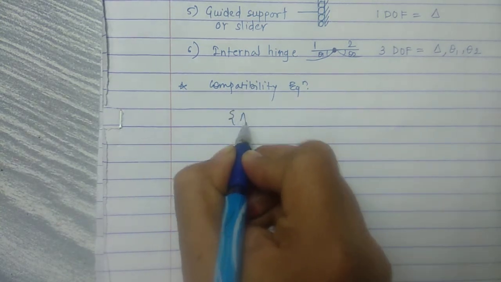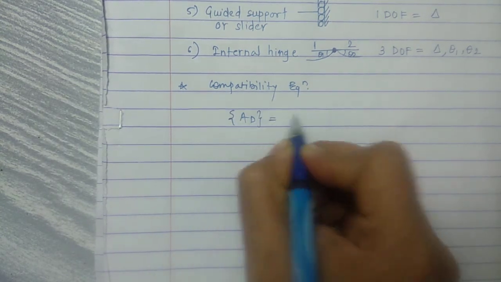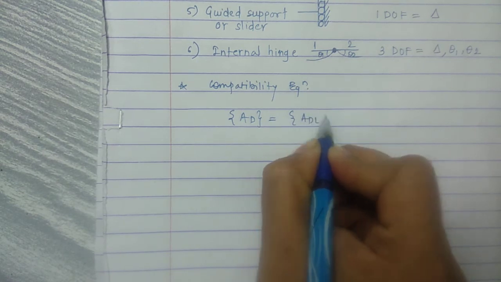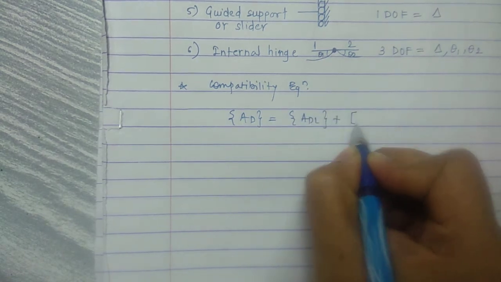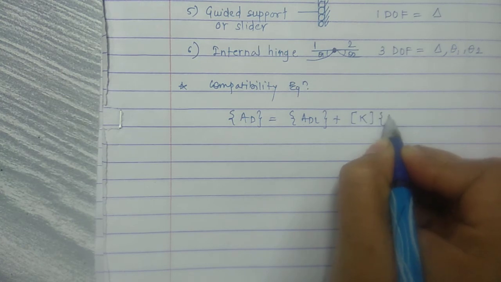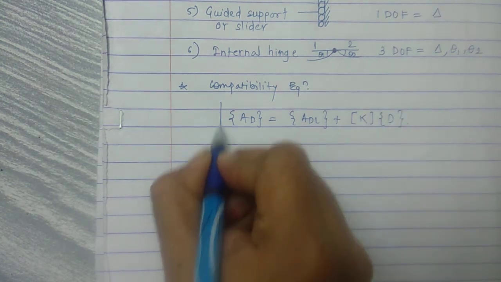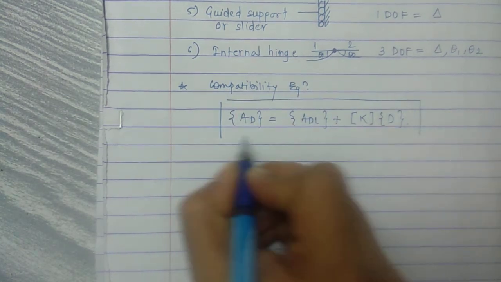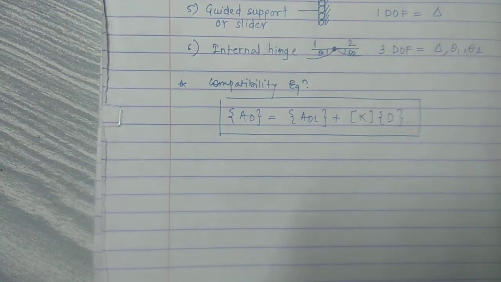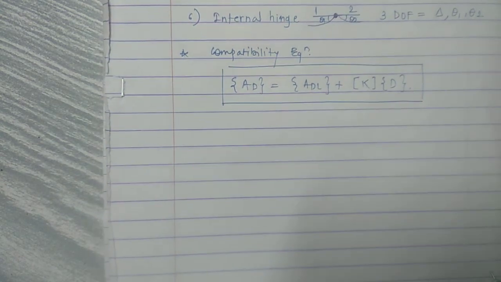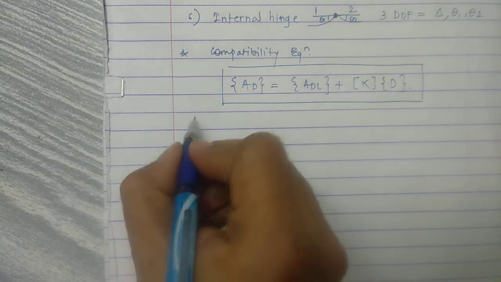It is AD is equal to ADL plus K into D. This is the compatibility equation that we have to use in the structure approach. Now we will see the meaning of each term.